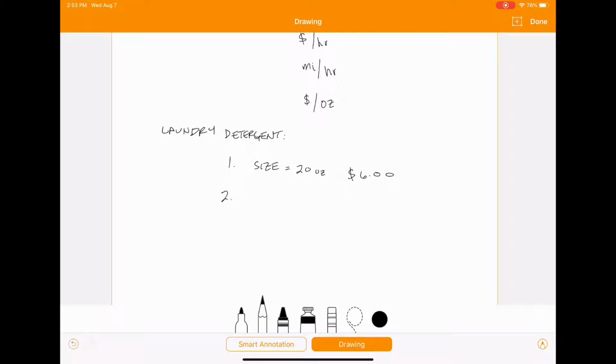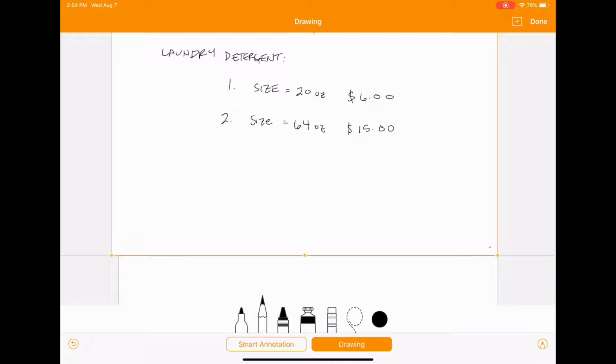And then detergent number 2, its size is 64 ounces. And its price is $15. And you want to know if detergent number 1 or detergent number 2 is the better price. So we want to know the dollar per ounce of each laundry detergent.